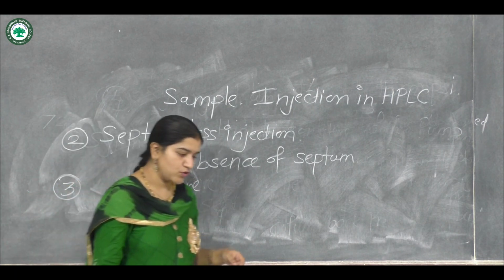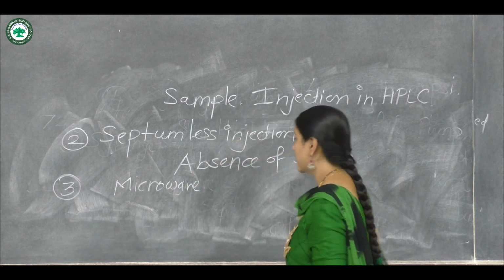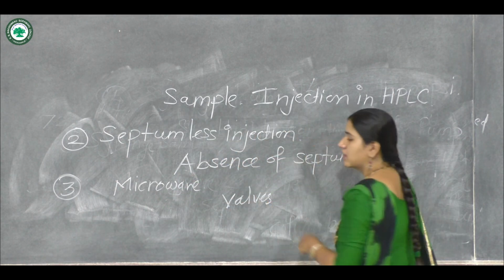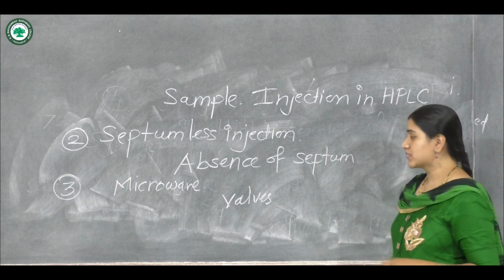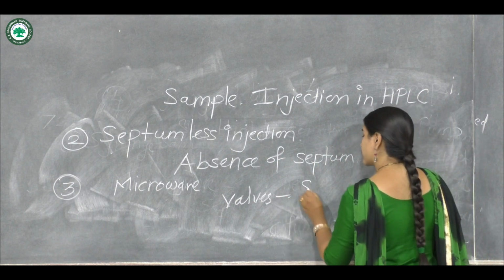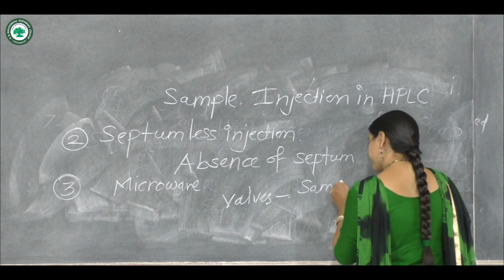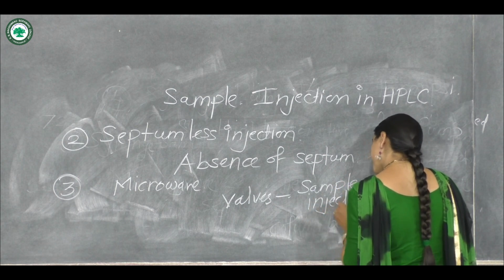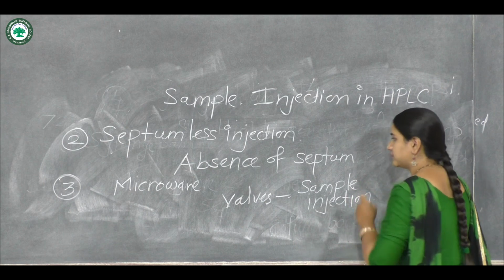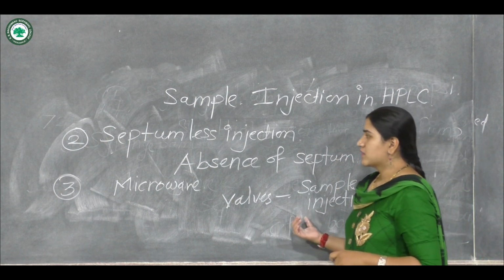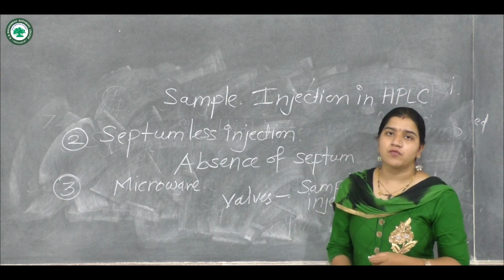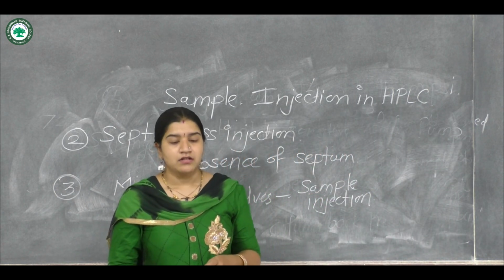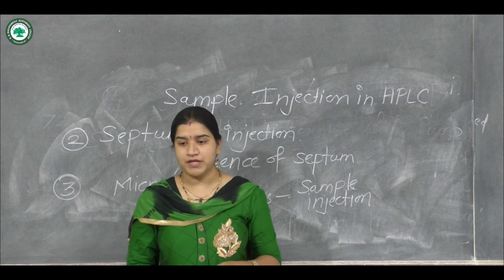Here, instead of using the syringe or a septum, you are using the valves. Here you are using the valves for the sample injection. So these are the three different types of sample injection unit that we are studying in HPLC.